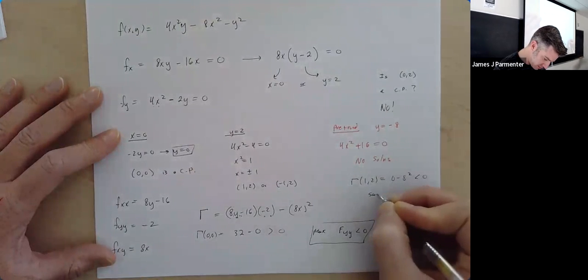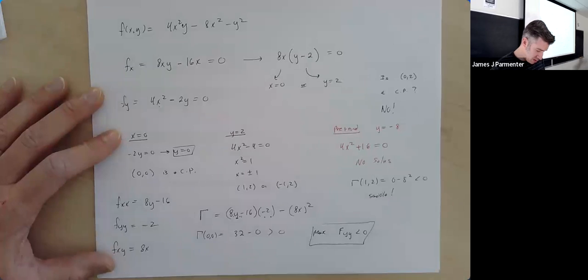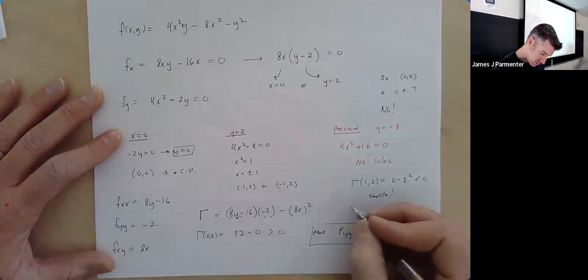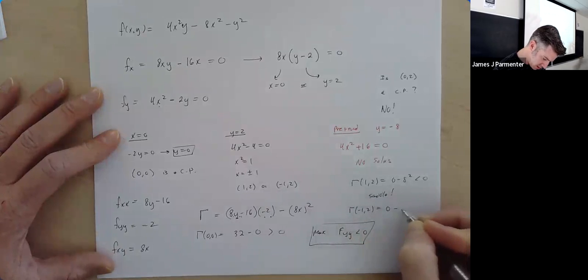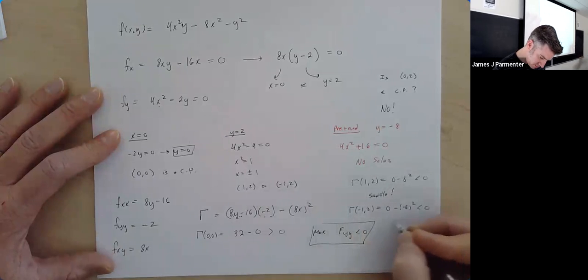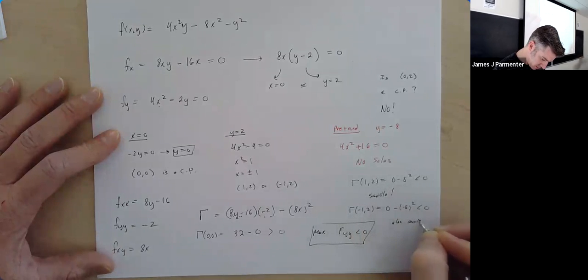So saddle. And the same should be true for negative 1, 2 as well. So gamma of negative 1, 2 is also 0 times negative 8 squared. It's still negative. So also a saddle. Cool.